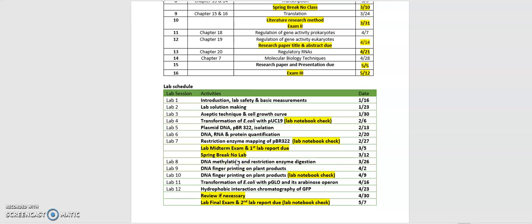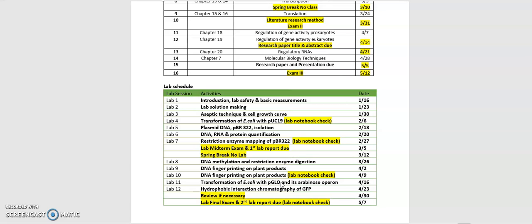You will do solution making, aseptic cell growth curve observation, transformation of E. coli cells with pUC19 plasmid DNA, plasmid DNA isolation, and then DNA, RNA, protein quantification using spectrophotometry, and precision enzyme mapping of pBR322. Then you will do a DNA methylation experiment, as well as DNA fingerprinting, and transformation of E. coli cells with a plasmid which will express the GFP gene.